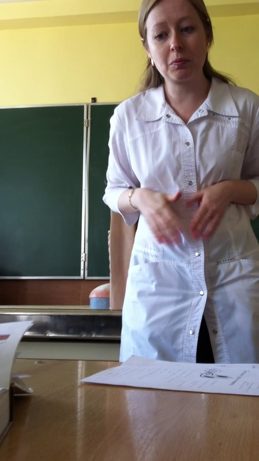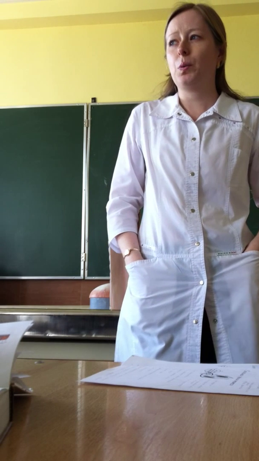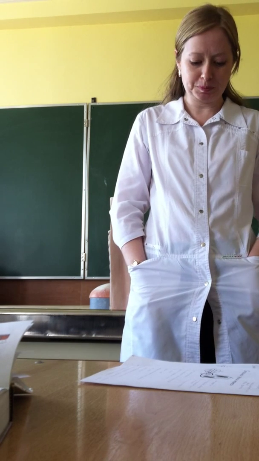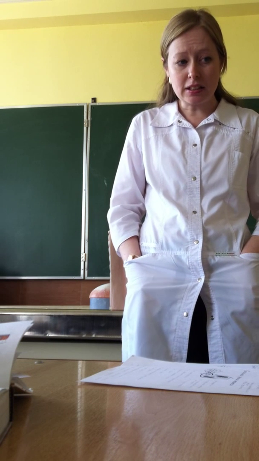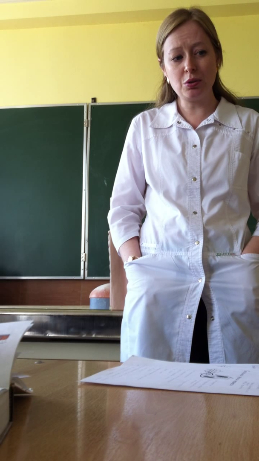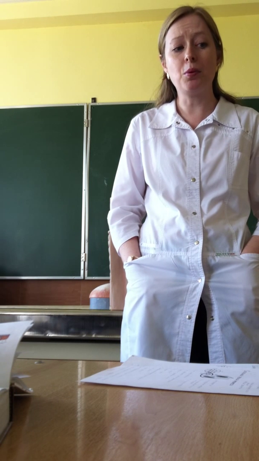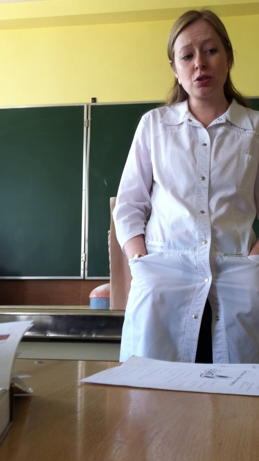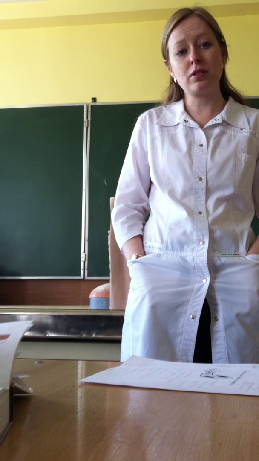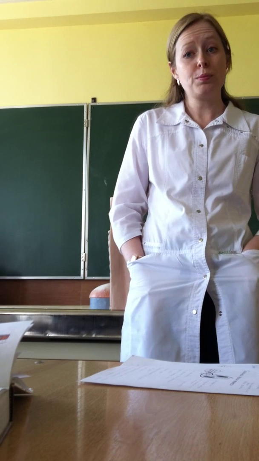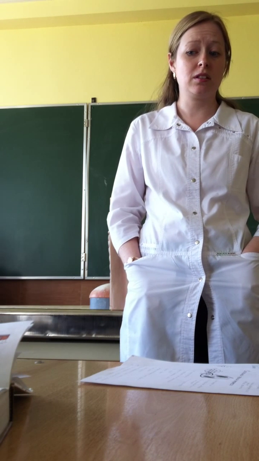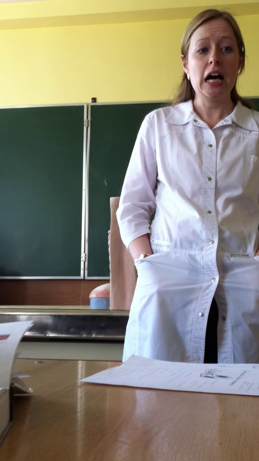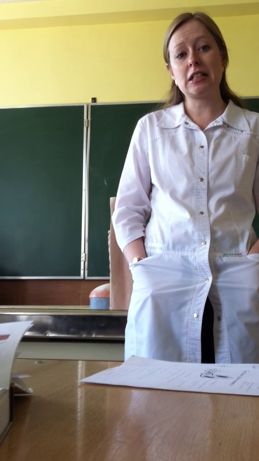Then, what else? About the prostate gland, you should know topography. You should know that this gland consists of 2 lobes, right and left, between which is presented a central part. And the male urethra passes through this gland.